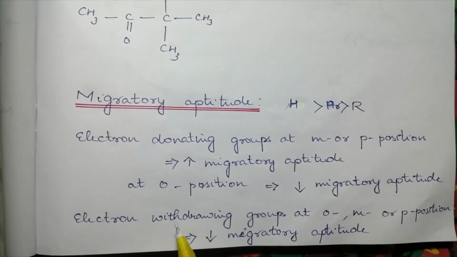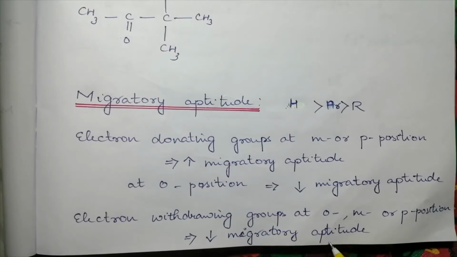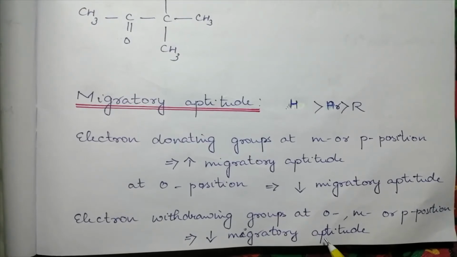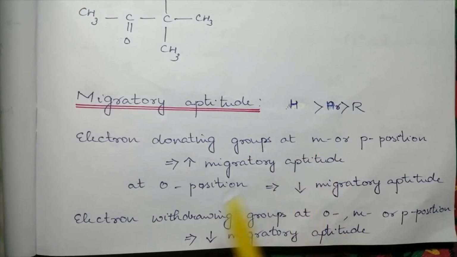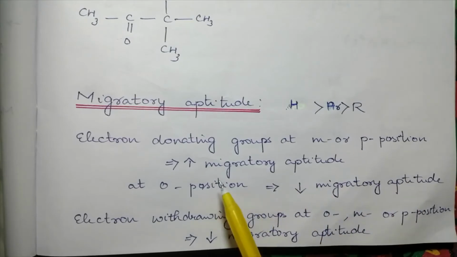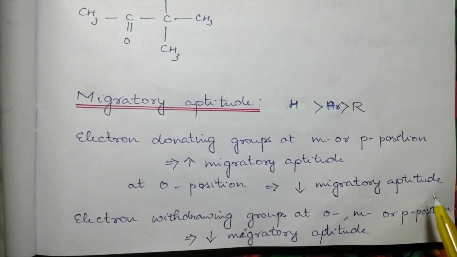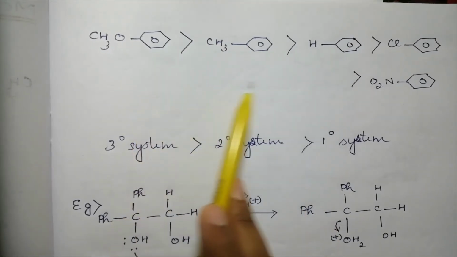When you consider electron withdrawing groups, whether they are present at ortho, meta or para position, in all cases, electron withdrawing groups attached to a phenyl ring would cause a decrease in migration. The migratory aptitude would be lowered, whereas electron donating groups would generally increase the migratory aptitude if they are in the meta or para position, while at the ortho position they decrease it. Clear? In general, this can be considered as a trend.